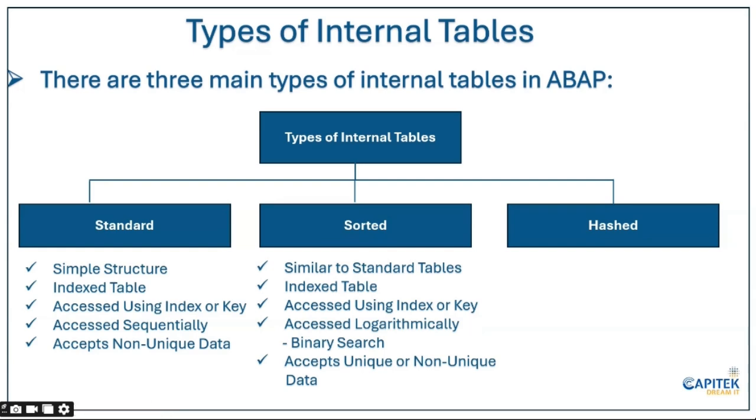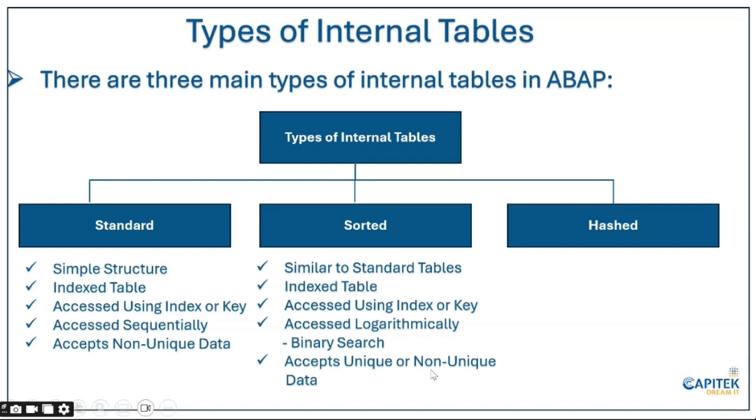Here in sorted internal table, it accepts both unique and non-unique data. I said in standard internal table, it is non-unique data, which means it accepts duplicate data. In sorted internal table, it accepts both unique and non-unique. When we explicitly say unique, it will not accept any duplicate data.